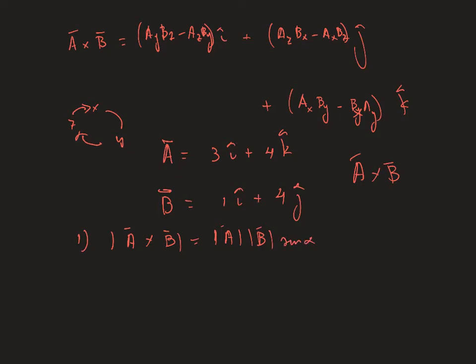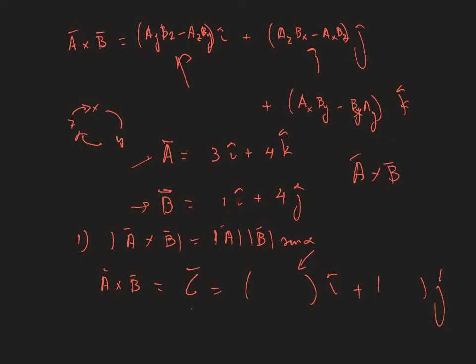If you don't have the angle, well, you make A cross B, as I said, and you will find a vector C. And the vector C has components i and j. This one is the i component, and this one is the j component of the vector C.